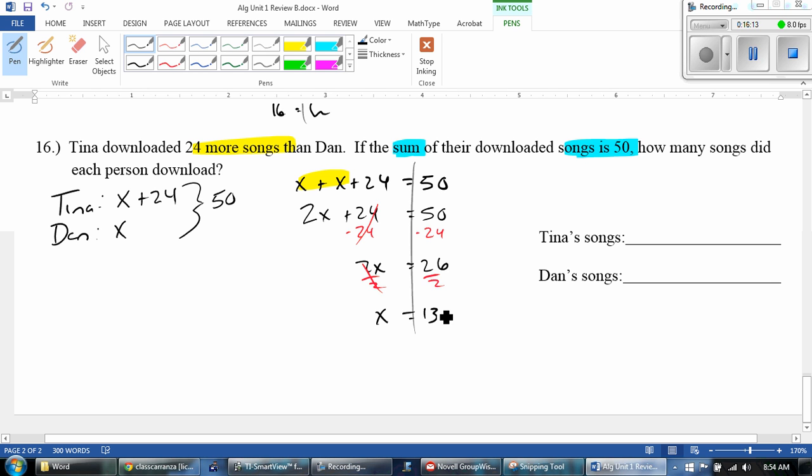So x, when we go back, is Dan. To find out what Tina is, we have to do x plus 24, which is 13 plus 24, and we get 37. And your quick check, you should be able to add those two numbers up to get 50. Okay?